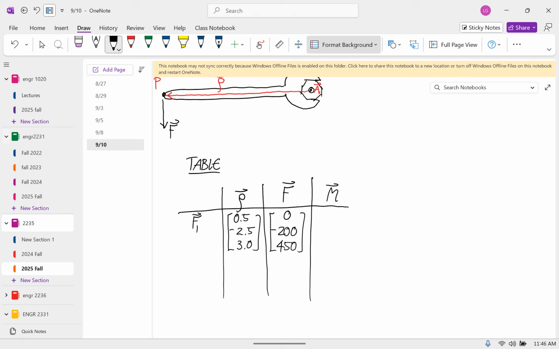So 0.5, negative 2.5, 3, with 0, negative 200, 450, gives a moment of negative 525, negative 225, negative 100. And then you'd go on and have another row for the next force, and on until you've gone through all the forces that appear in the free body diagram.